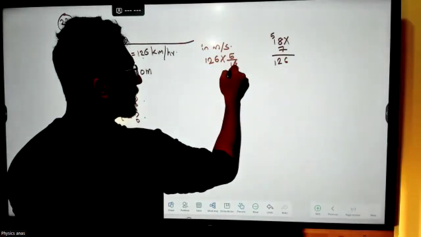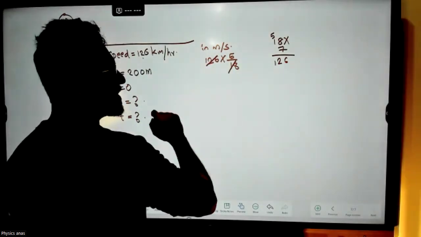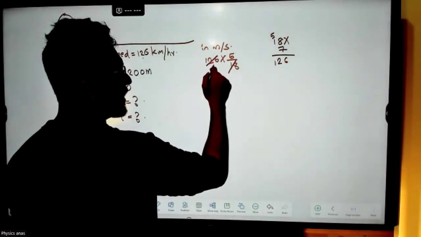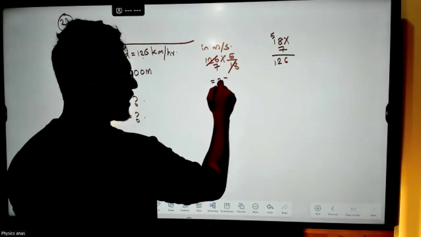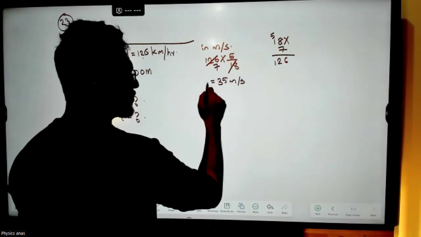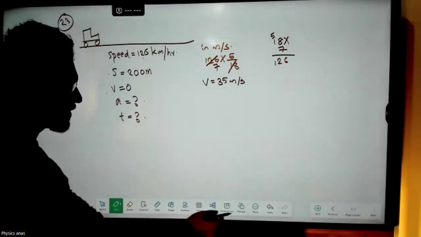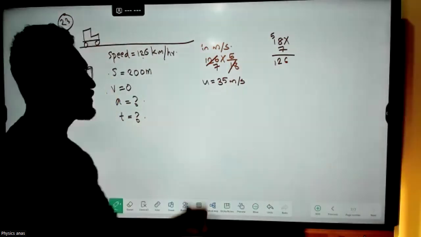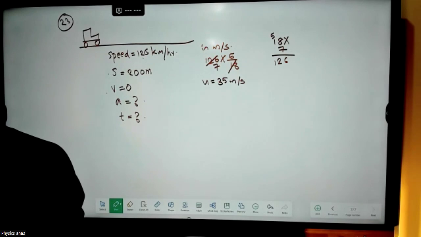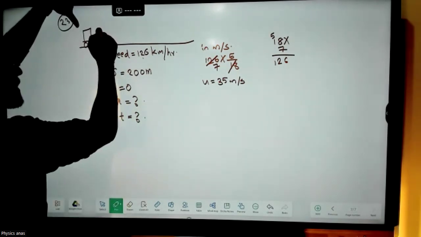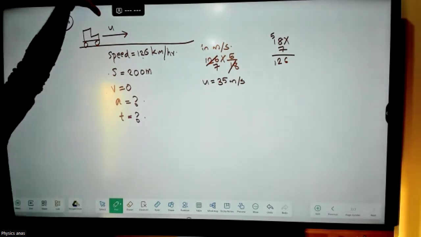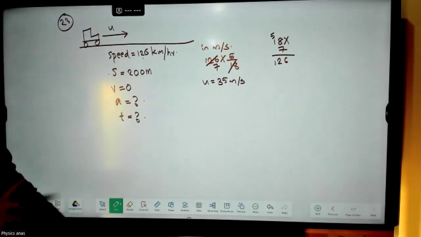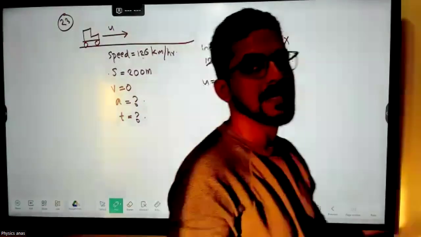So you can cut 18 and 126. That will give you 7 here. So 7 into 5, what is that? 35 meters per second. So our initial velocity is 35 meters per second, because the car is moving with that velocity.